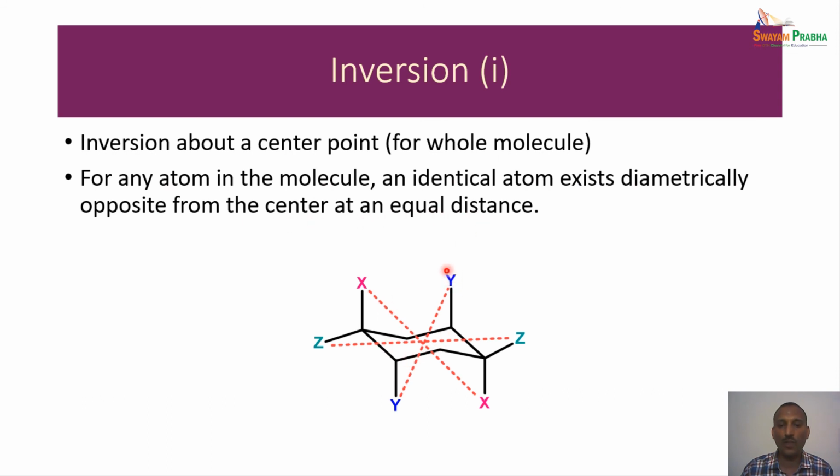So for Y, we have one at the top and one at the bottom. For X, we have one at the top and one at the bottom. And for the Z, we have one at the left hand side and one at the right hand side, all at equidistance from the center. So this is what is called the inversion center, or the center of symmetry for this particular molecule.